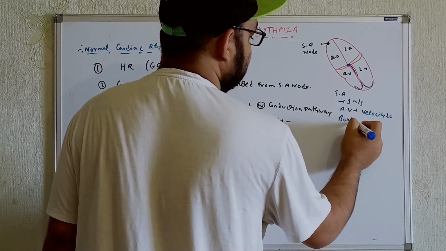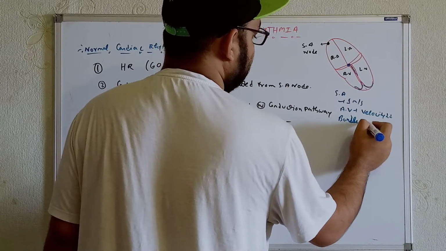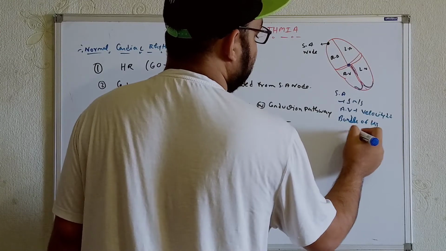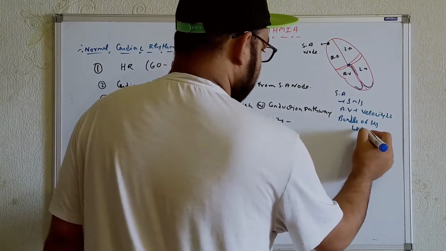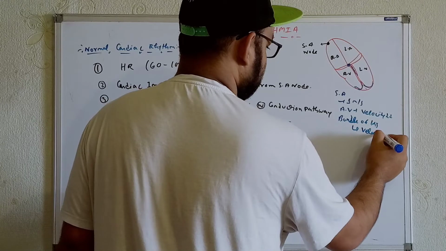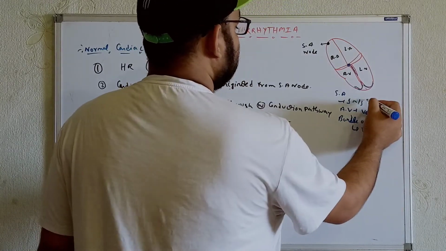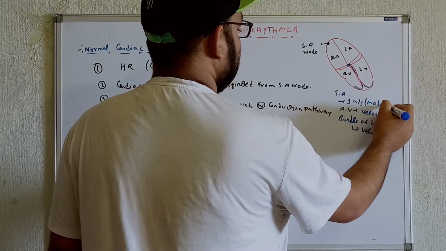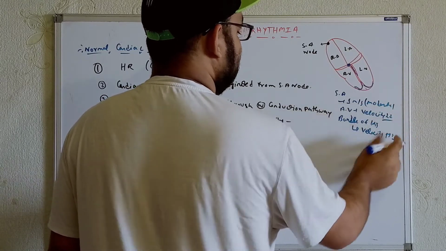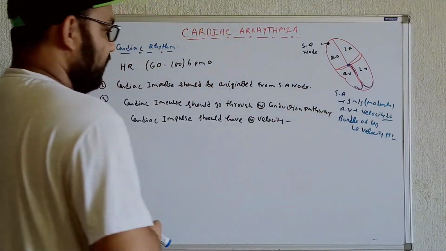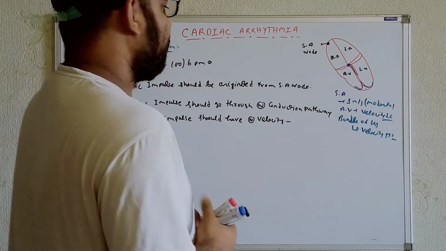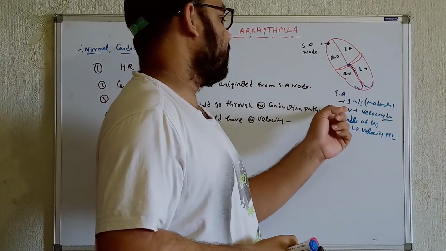So here we will get the velocity that will be more. We can consider this will be the moderate velocity, this will be the less, and this will be the fastest. The velocity there will be more than the SA node as well as more than the AV node also.